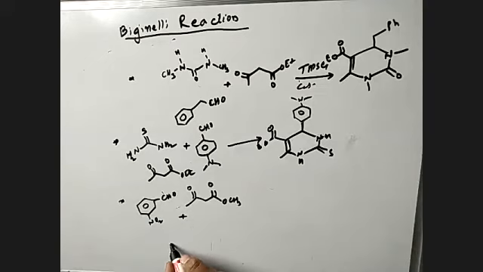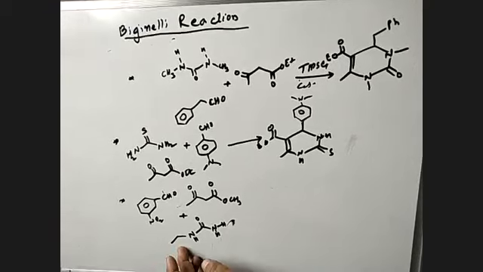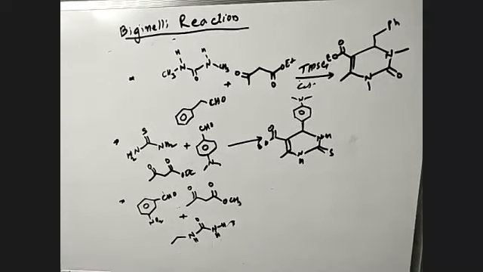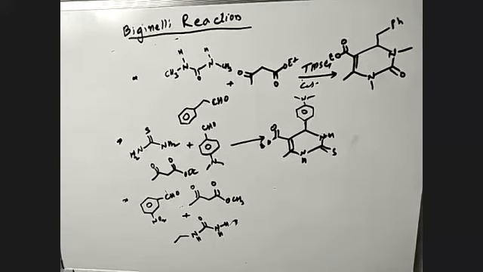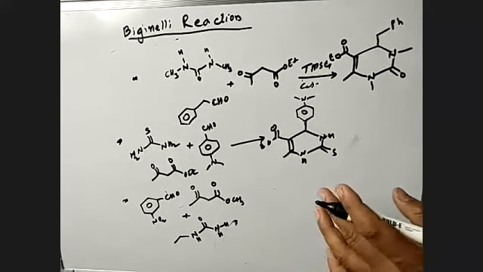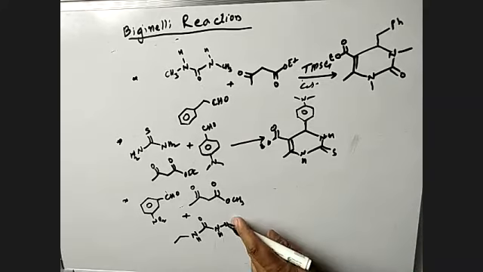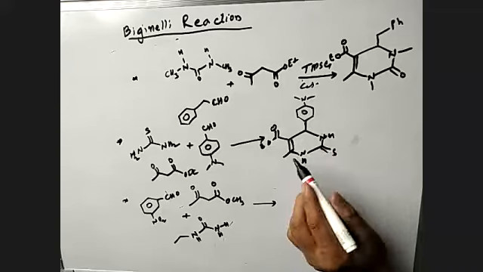Let us take ethyl urea. If you take ethyl urea, the question is, where will this ethyl group go? That is the question. Where there is less steric crowding, here or here?